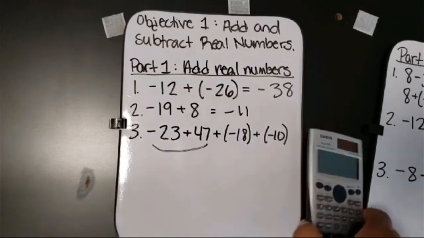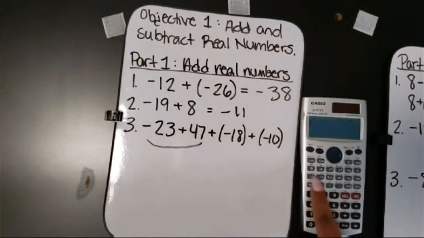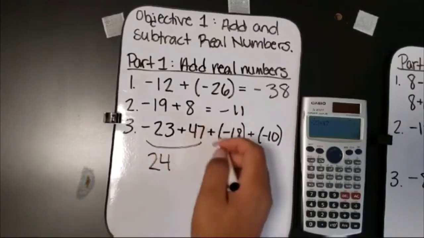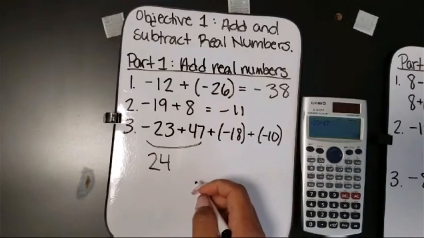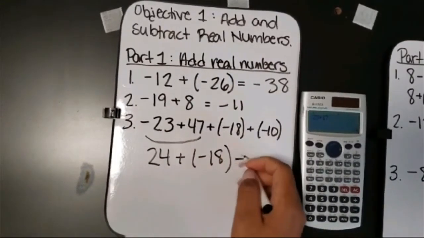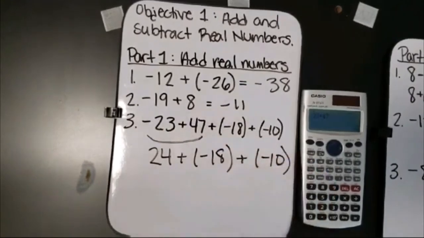So if we put that in our calculator, we will have negative 23 plus 47, which equals 24. So we'll have 24, and then we'll bring everything else down. So we'll bring the plus negative 18 down and the plus negative 10.